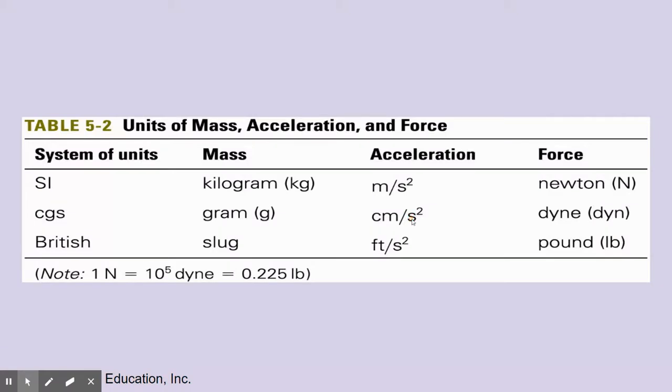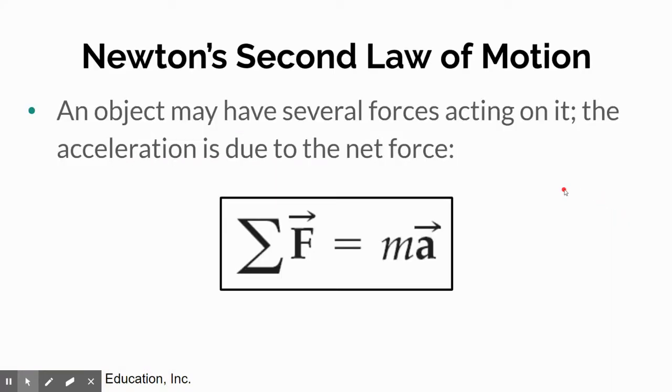And here are your common units. For mass, we're going to want to use kilograms mostly. Acceleration will be meters per second squared, and force is going to be in newtons. Okay, now an object doesn't have to have just one force acting on it.